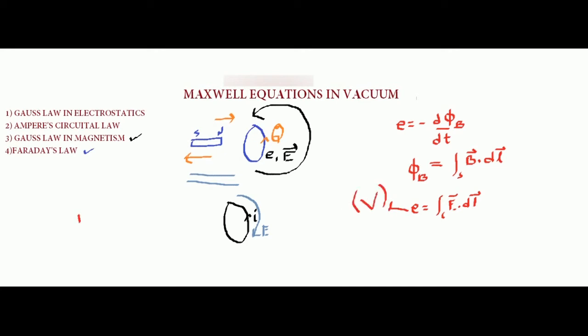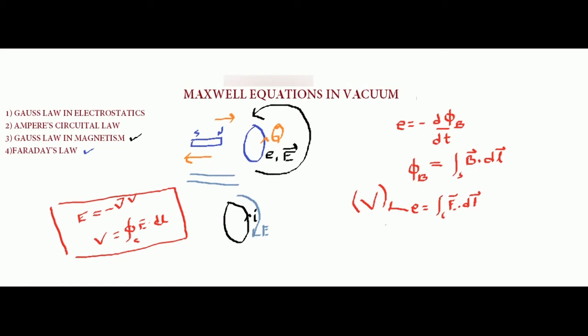Remember how your electric field was related to minus the gradient of potential, and in the same way the potential can be written as a line integral of the electric field. So this is the nature of the potential, something you already know. Let us focus on this equation.